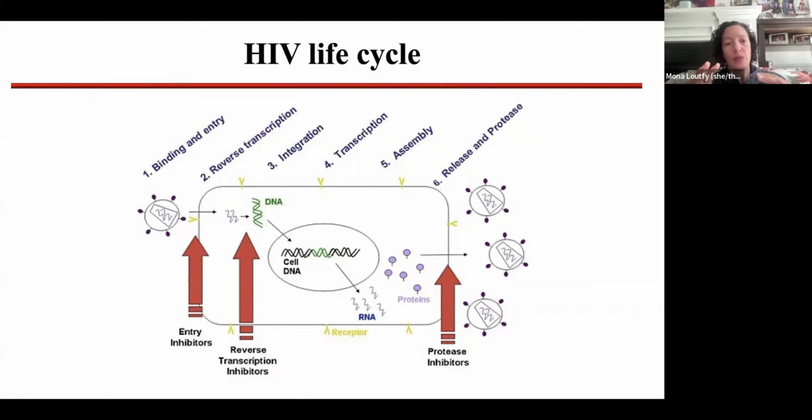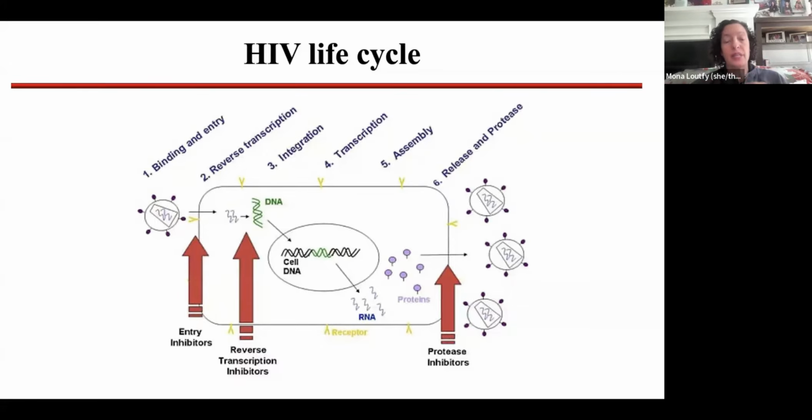Together GP120 and GP41 make GP160, or I guess 161, but to make it easy, 160. GP41 is like a needle that pierces the cell wall of the CD4 cell, and the envelope of the HIV virus merges with the cell membrane. Then you can see that the RNA is released, RNA plus reverse transcriptase.